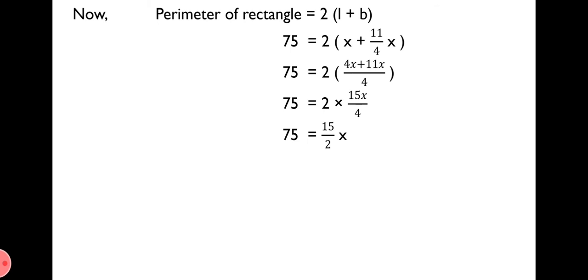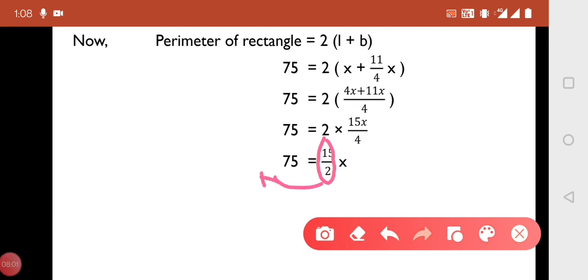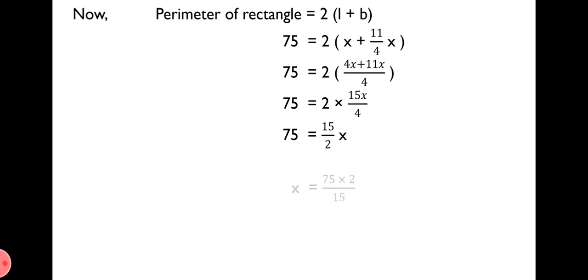We want only the value of x, so we will transpose 15 upon 2 to the opposite side. When we transpose, multiplication becomes division and division becomes multiplication. So we get x equals 75 multiplied by 2 upon 15.